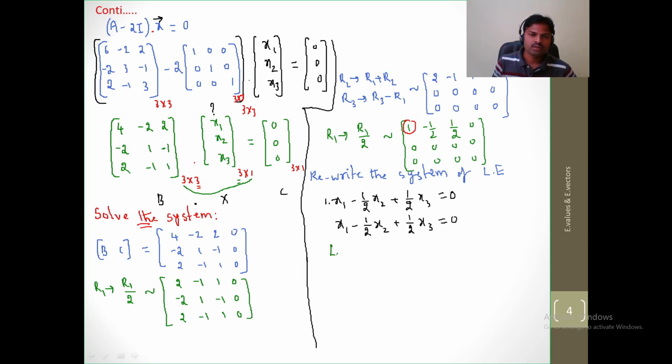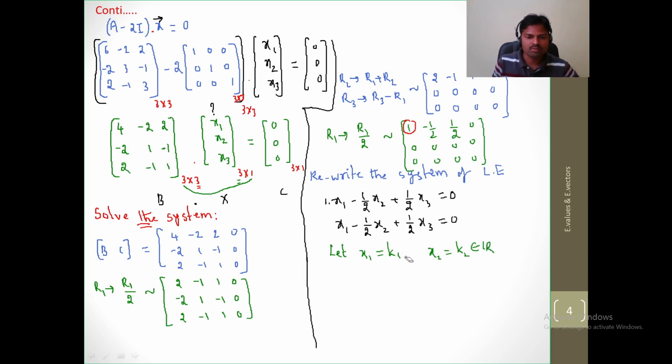So let x2 be some k1 and x3 be some k2. So k2 belongs to the real number system, and k1 also belongs to the real number system.